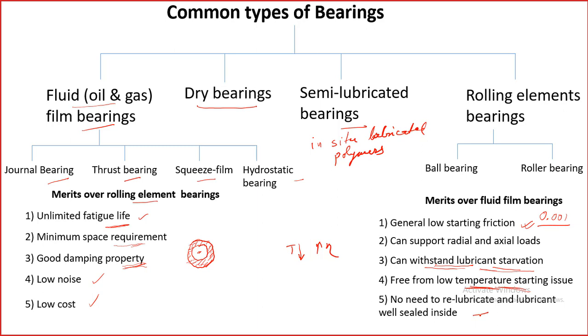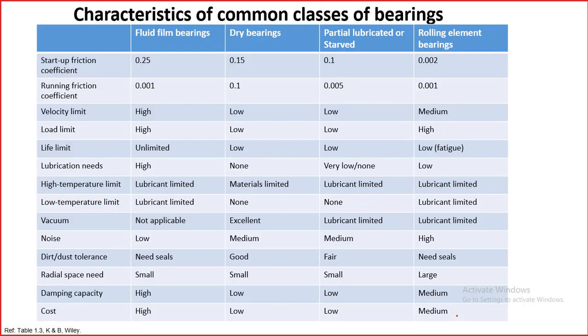Whereas in the case of rolling element bearings, there is no need to re-lubricate. All you need is good sealing, so that the grease or the lubricant stays inside the bearing and doesn't come out. So here we have a comparison of different types of bearings as far as their performance is concerned.